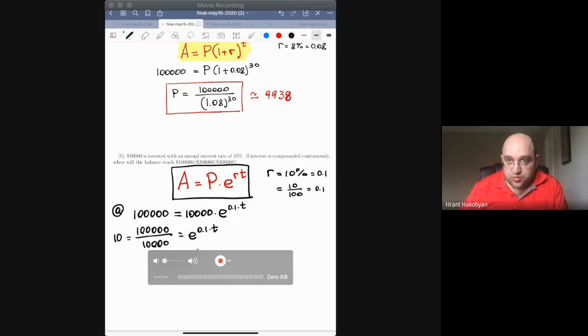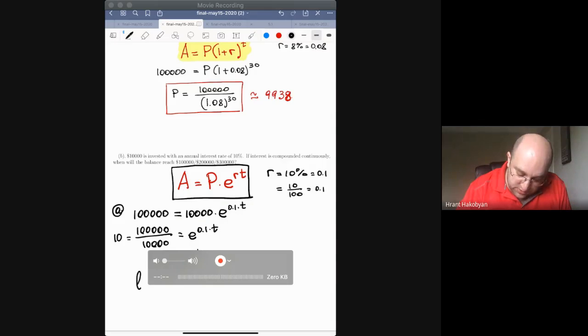How do we solve a problem like this? Well, we use logarithms. If you remember, the power that I need to raise e to get 10 is the logarithm of 10 with base e. So I'm going to take the logarithm of both sides, with base e, which is also called the natural logarithm.